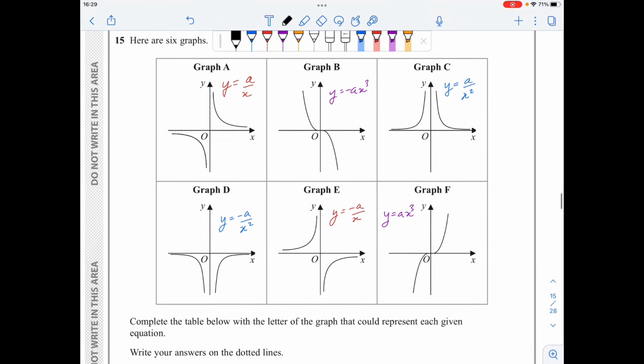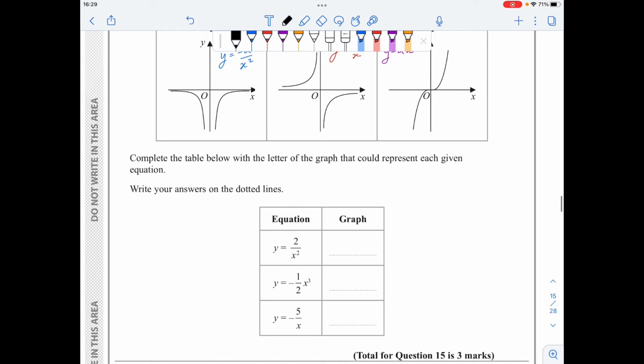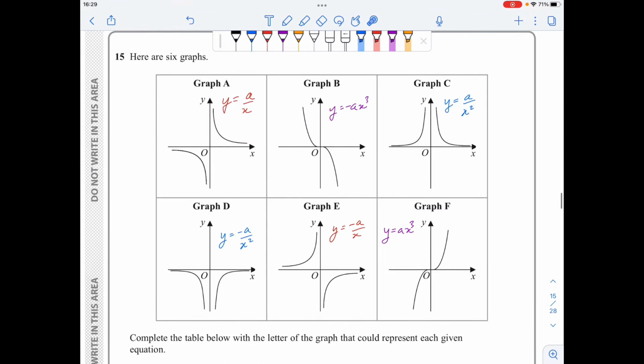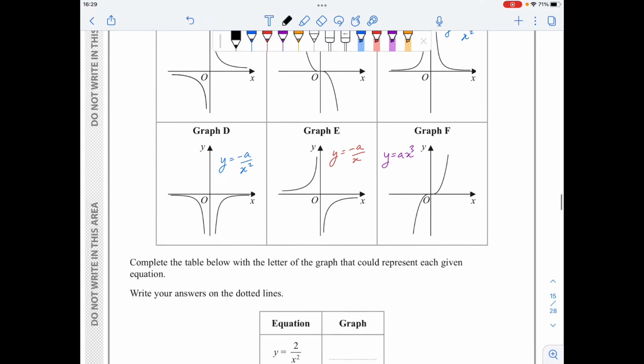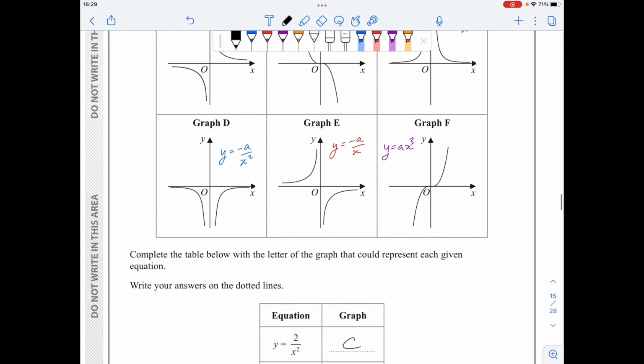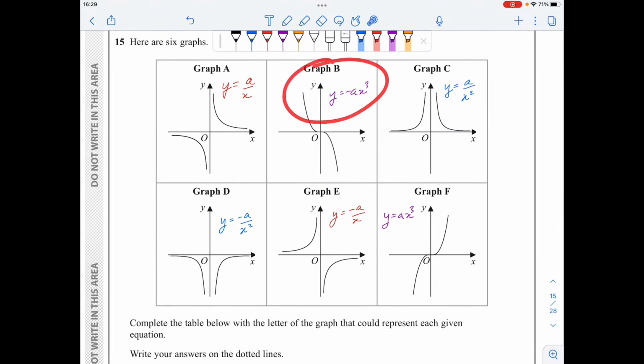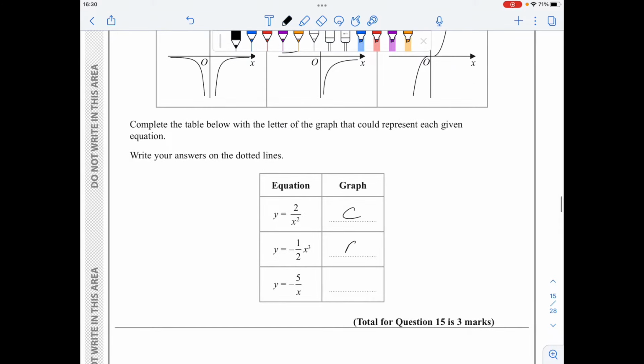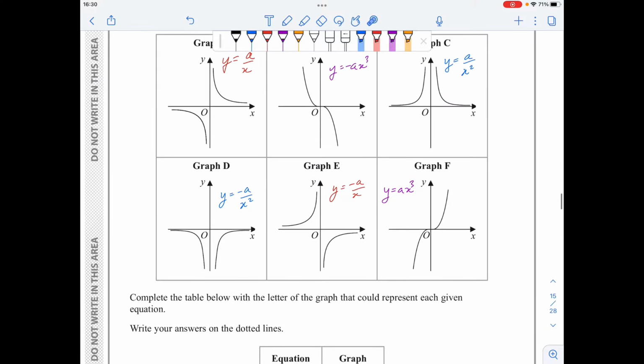So if I go to my table, the first one, y equals 2 over x squared, that's graph C. Then the second one is a negative cubic one. This is graph B. And the last one is a negative reciprocal. This is graph E.